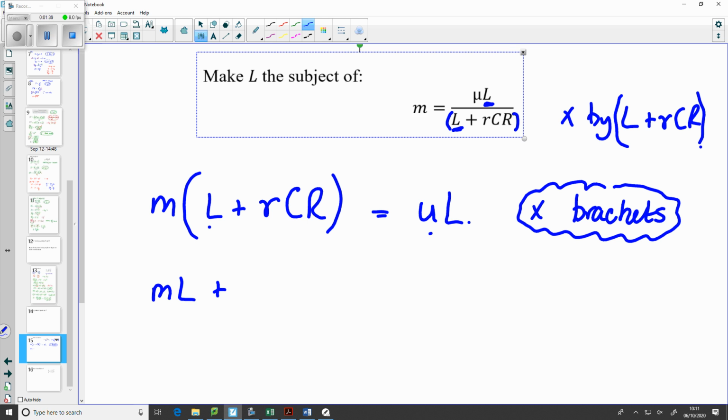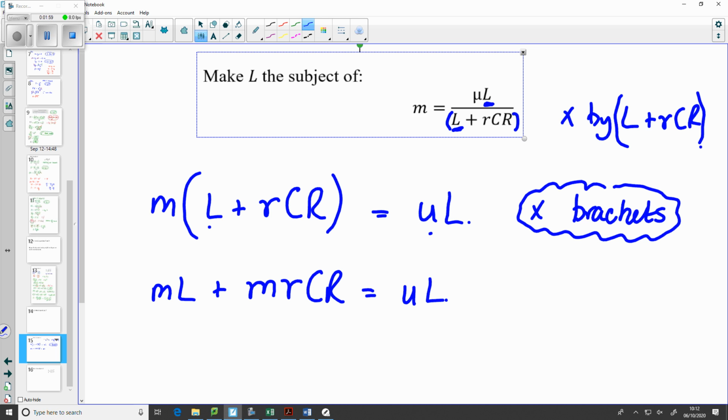Plus M times little r times CR is equal to U times L. What can we do now?